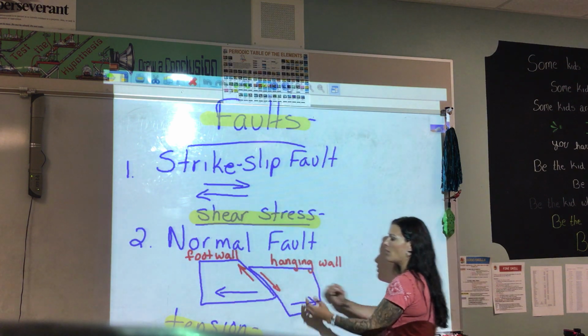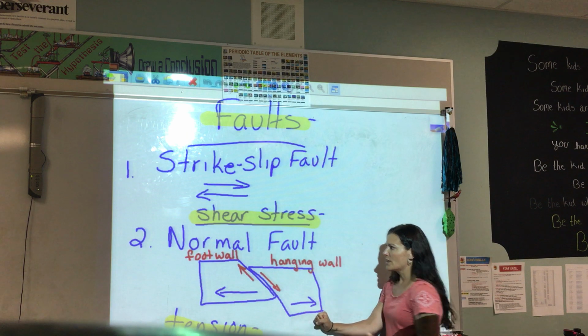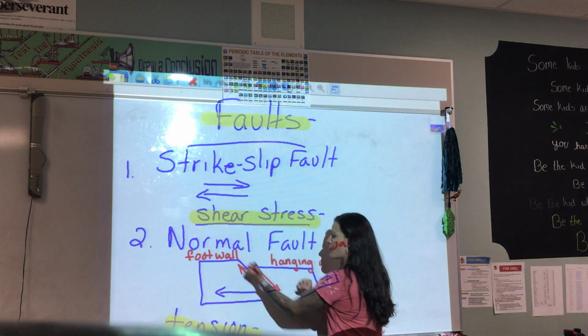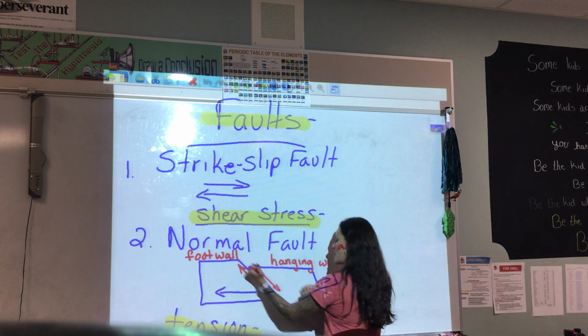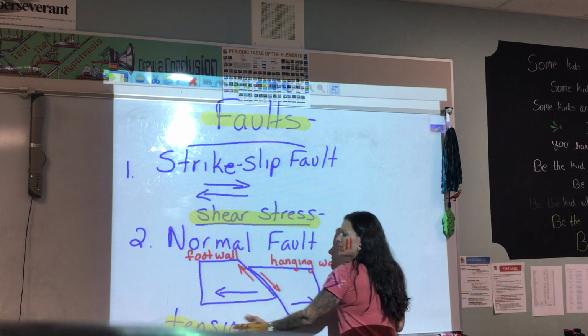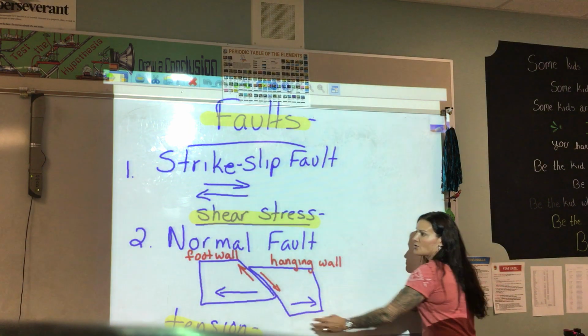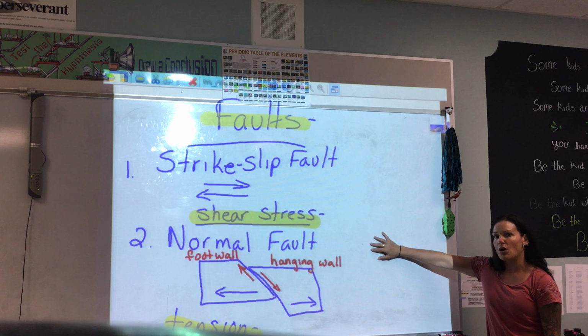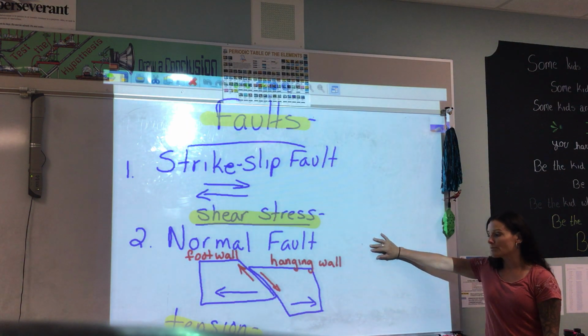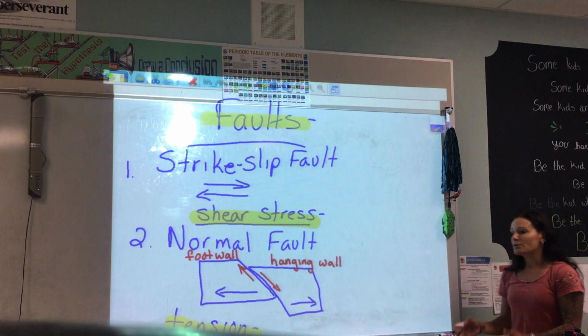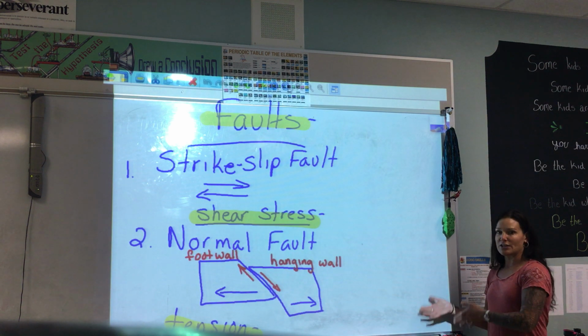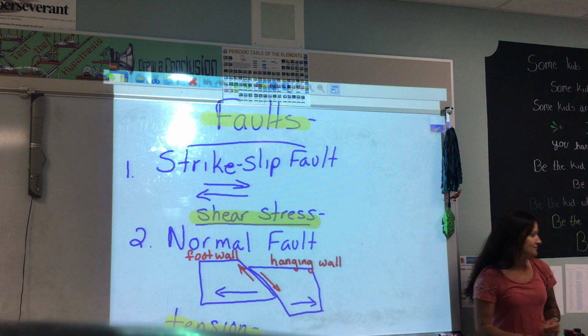The hanging wall is dragged downwards, the foot wall is pushed upwards. So there's this kind of motion as everything's pulling apart. The type of stress associated with a normal fault is called tension. Again, please go to your textbook and put down the book definition of what tension is into your notes.